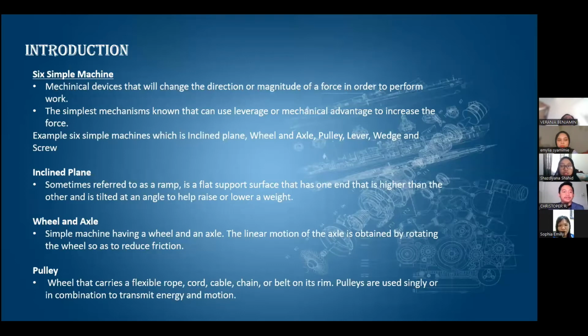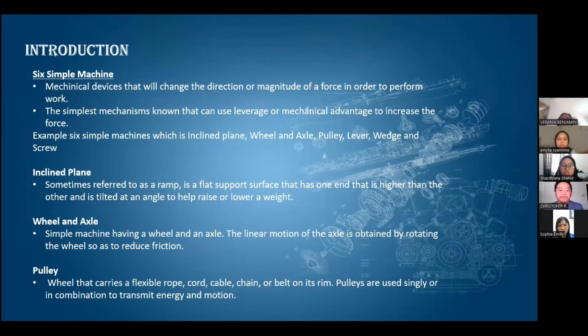For the introduction, six simple machines. A simple machine is a mechanical device which changes the direction or magnitude of force in order to perform work. The simple machines are the inclined plane, wheel and axle, pulley, lever, wedge, and screw.